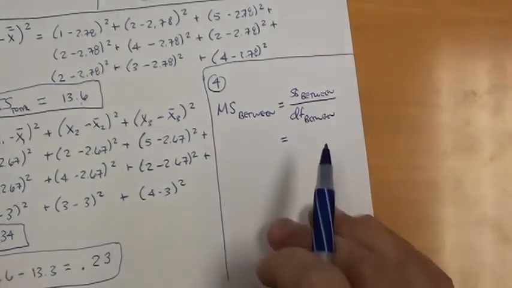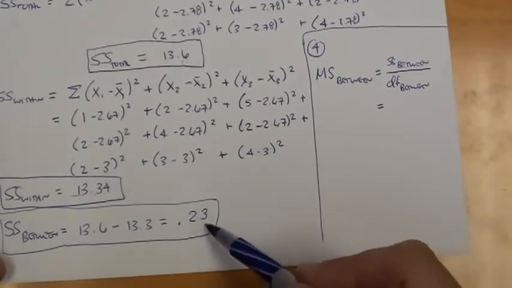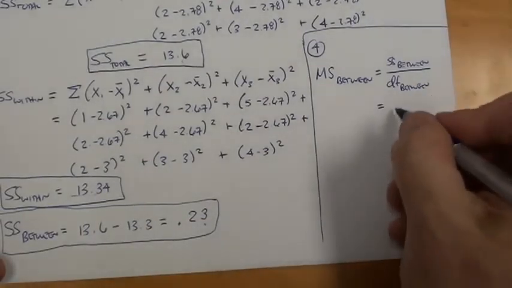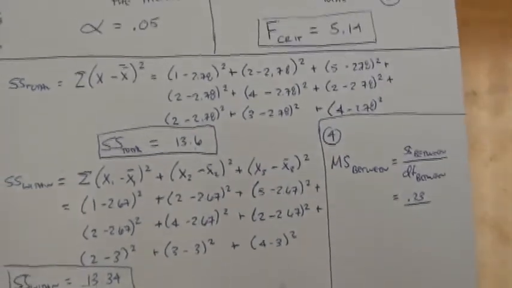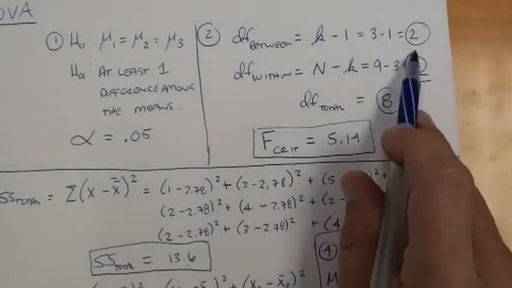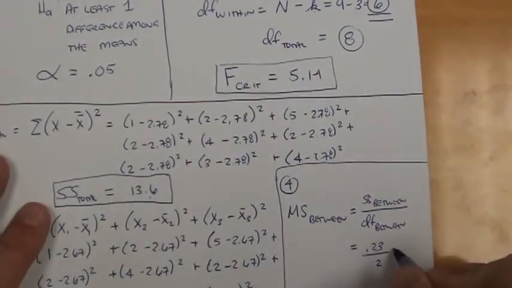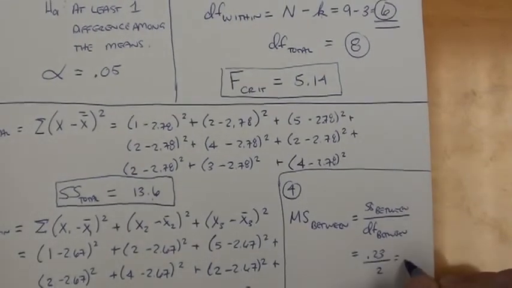So our sum of squares between was 0.23, and our degrees of freedom between, if we look up to the top, was 2. So we divide by 2, and so our MS between is equal to 0.12.